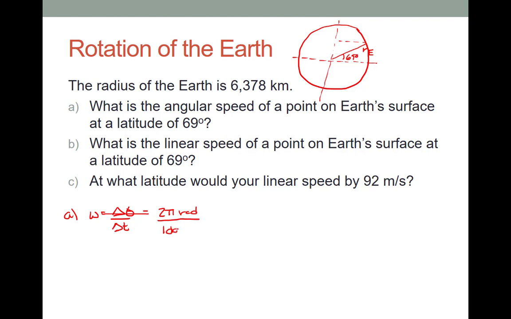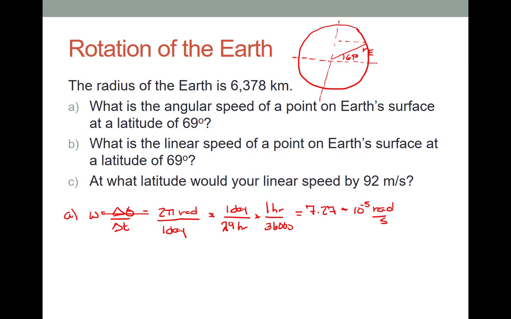So that's 2 pi radians in 1 day, converting days to seconds: 24 hours times 3,600 seconds per hour. This gives me an angular velocity of 7.27 times 10 to the minus 5 radians per second.